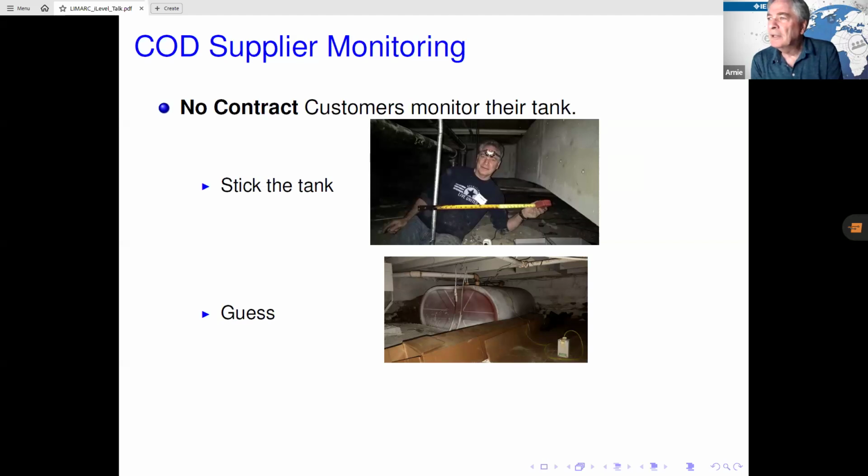But you see, you can't really get a stick in that tank. It's very difficult. It's a horizontal tank, and the roof rafters of the basement are blocking the ability to get a stick in there. And besides, that vertical distance is only about 2.5 to 3 feet. So you're actually lying down if you want to stick it with a tape, as I did in the W Hotel picture.